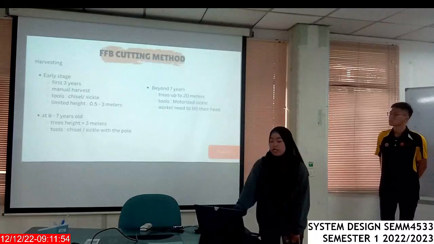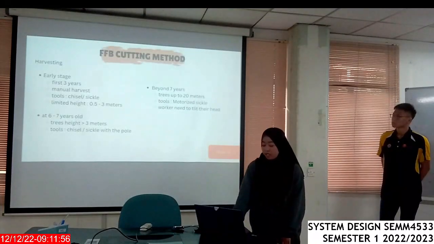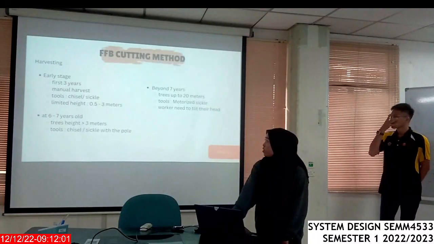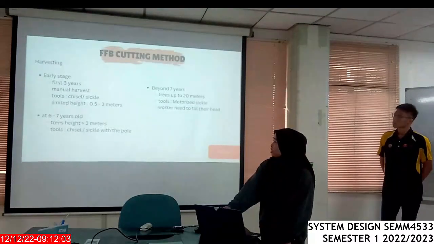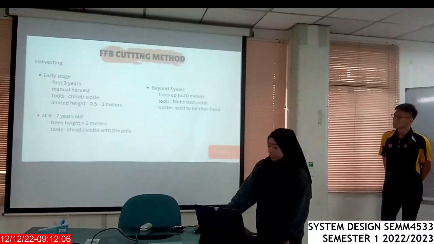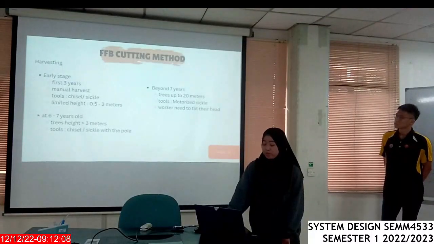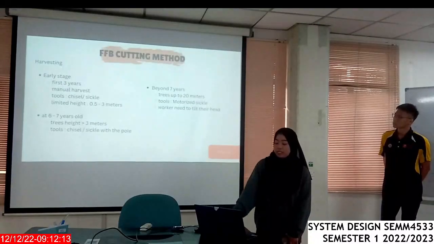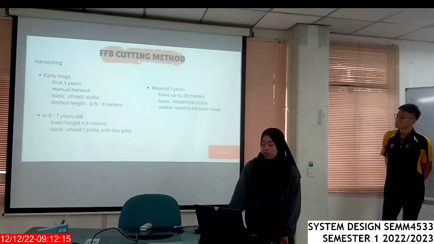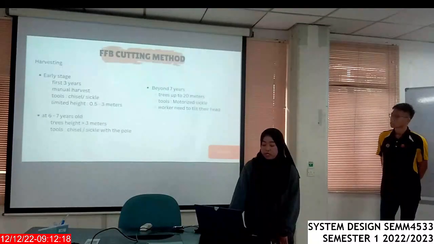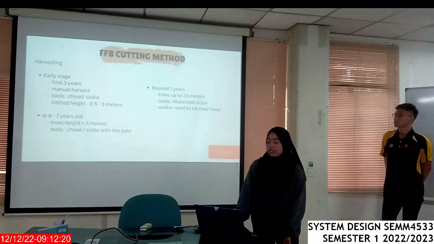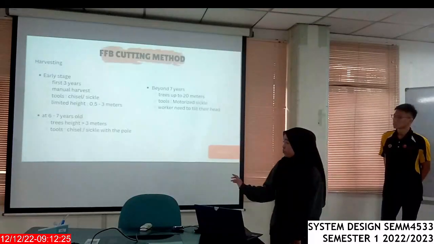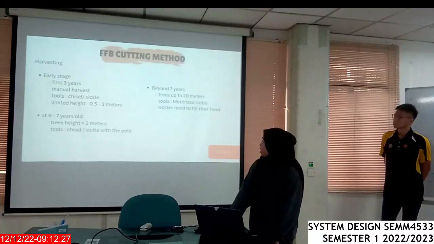This is the harvesting stage for workers to harvest the FFB. In the early stage, they use a manual method, and at 6 to 7 years old, they also use a manual method with a pole.